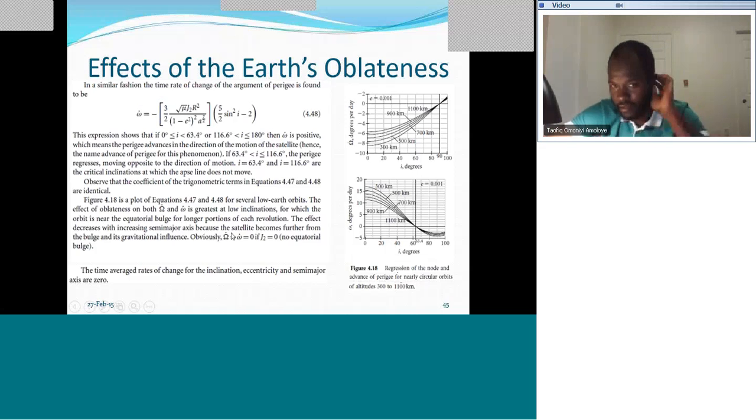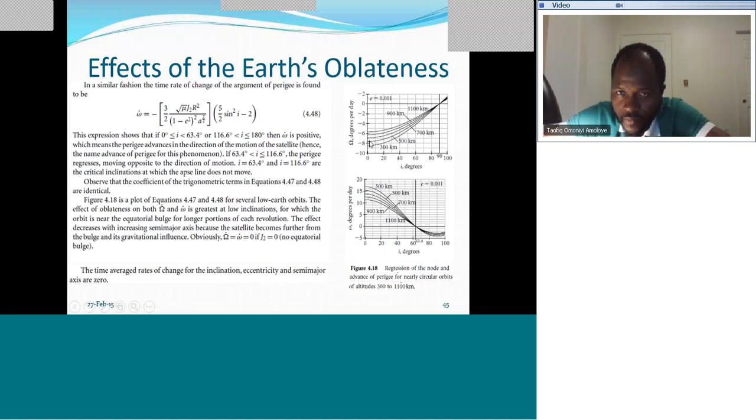We can see from here that at low inclination, particularly around 0 to 20 degrees, we have much effect on the change in the right ascension. Like for 0 degrees, it's around minus 8 point something.